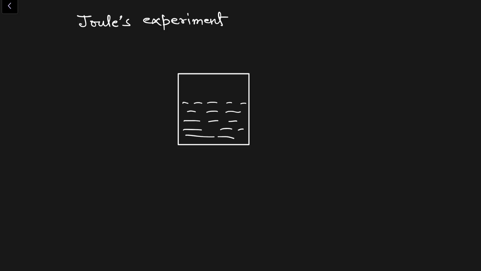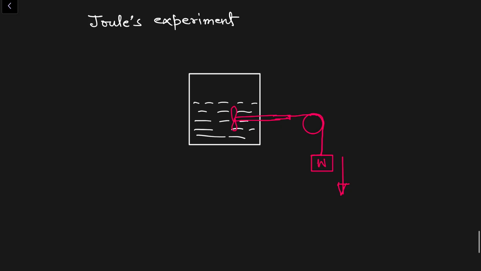Then he arranged a paddle wheel system which is further attached to a weight. So this is a weight. Now once this weight goes down, this wheel will rotate.